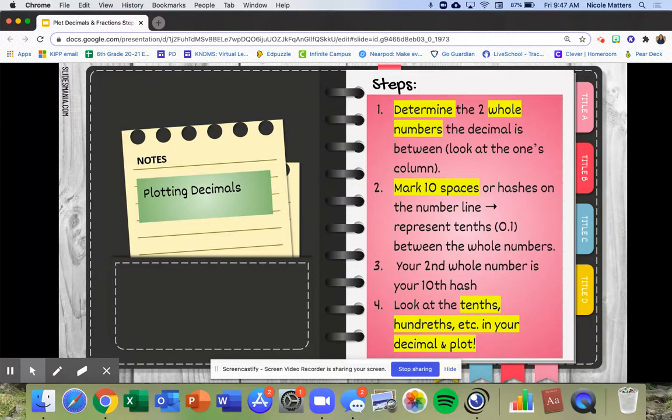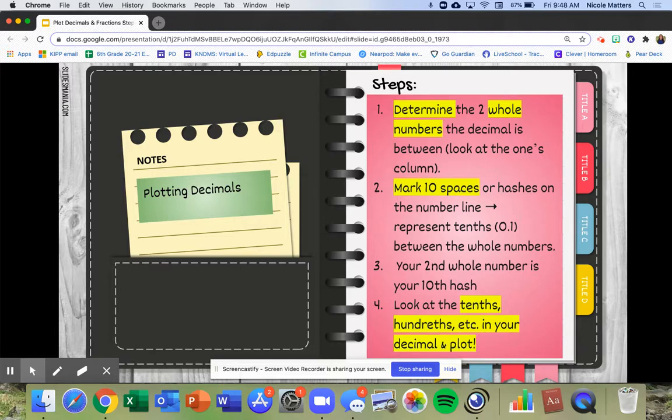The third step, remember your second whole number is your 10th hash. So if I'm counting 10 spaces from 0 to 1, 0 is my 0, and then I go 1, 2, 3, 4, 5, 6, 7, 8, 9, and my 10 tenths is the whole number, the counting number 1.